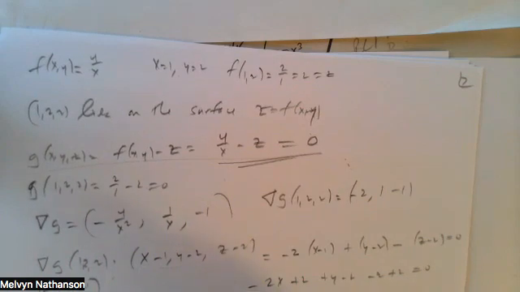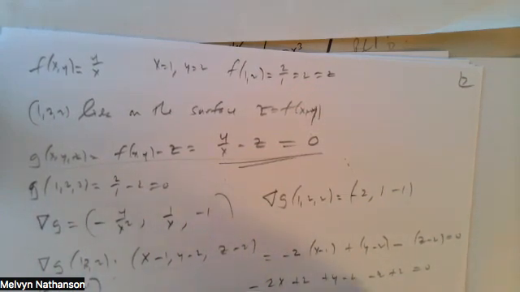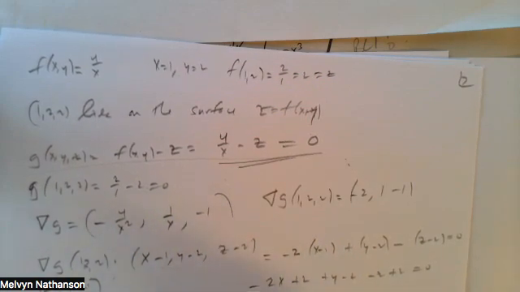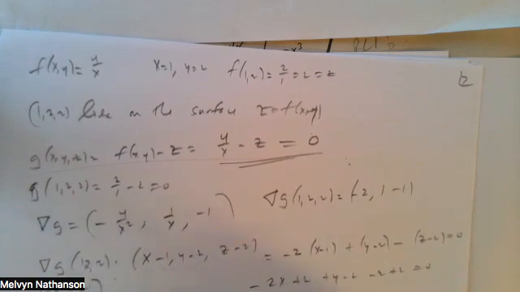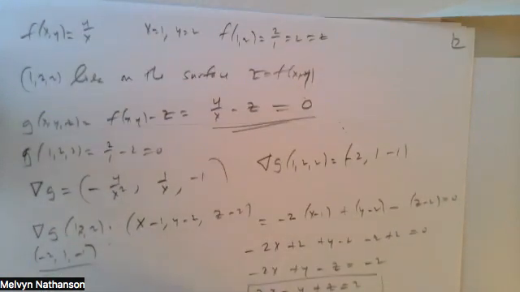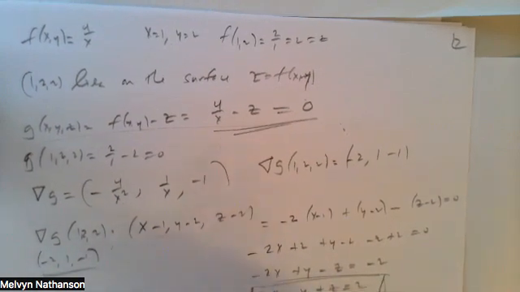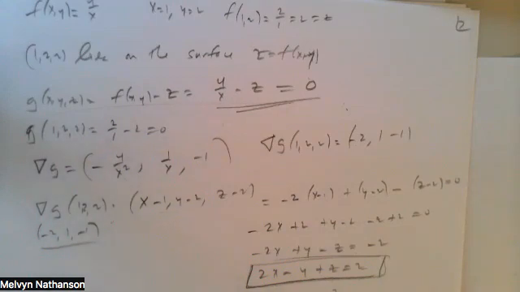So that's minus 2x plus y minus z equals minus 2, or 2x minus y plus z equals 2. So this is the equation of a plane. You can check if you let x equal 1, y equal 2, and z equal 2, you get 2 minus 2 plus 2 equals 2. So this is the equation of the tangent plane.